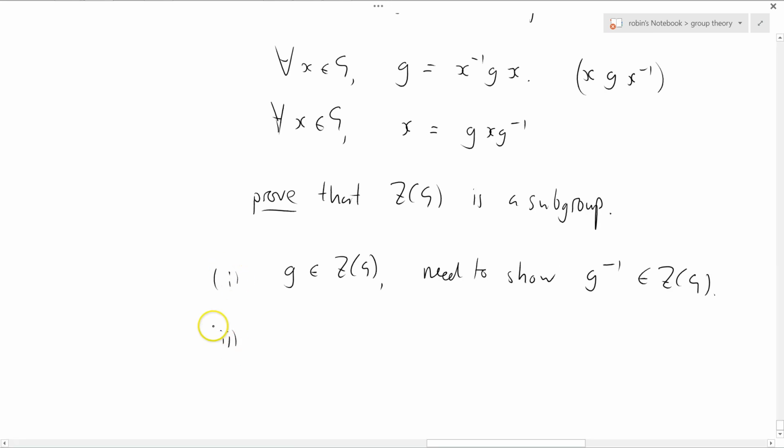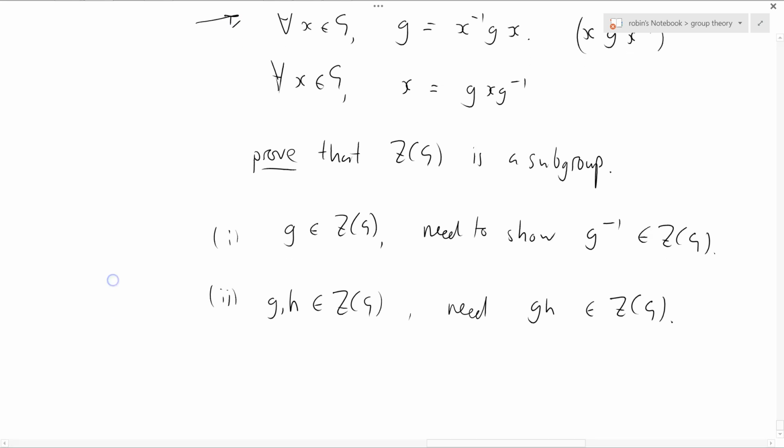And the second thing we have to prove is that if g and h are both in the center of the group, then the product gh is also in the center of the group. We can do that relatively easily using this formulation here. So we know that for all x in the group, g equals x minus 1 gx.